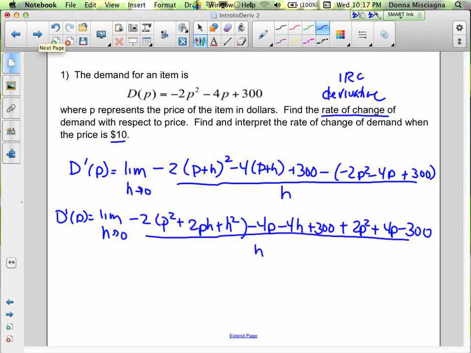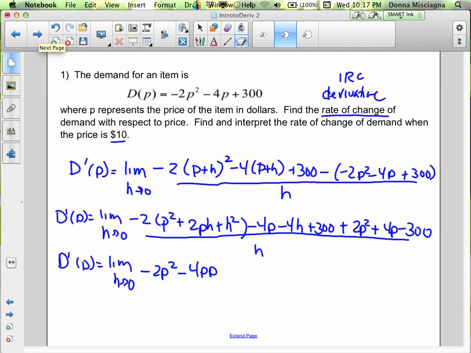The last thing we need to do is distribute that negative 2, and then we can start canceling terms. Right? So d prime of p equals the limit as h approaches 0. That would be a negative 2p squared minus 4ph. Oops, I said h. Why did my hand write a p?